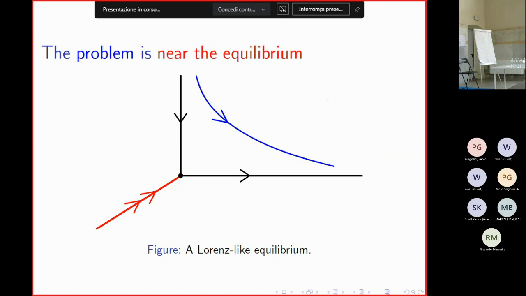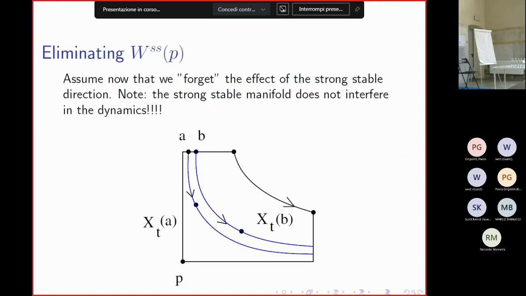So you can eliminate it. This is called the strong stable manifold; you forget the effect of the strong stable direction, because it does not interfere in the dynamics.